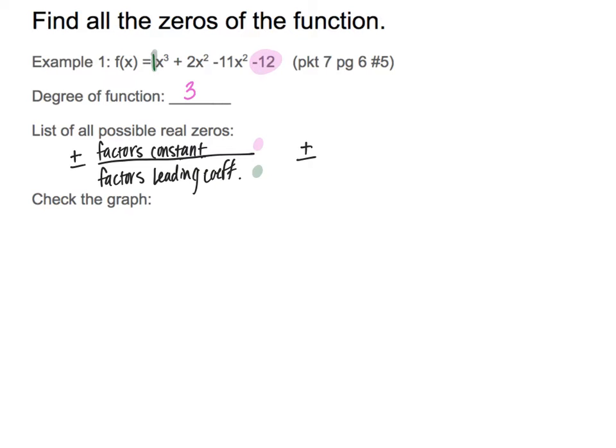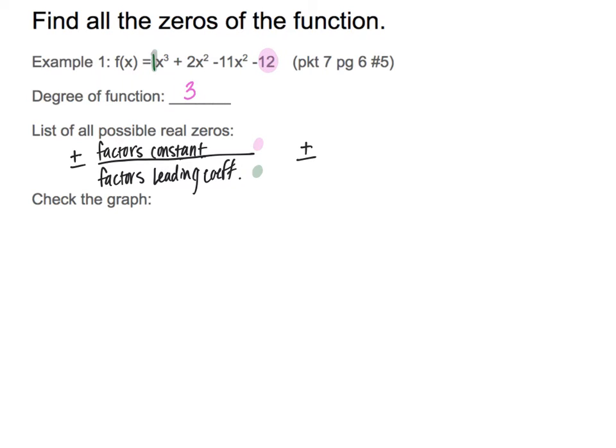So let's find all the factors for the constant. For the constant here, we just ignore the sign, because the sign is going to be taken care of with the plus or minus. So you just really want the 12. We just need to know the factors of 12, not that negative sign.